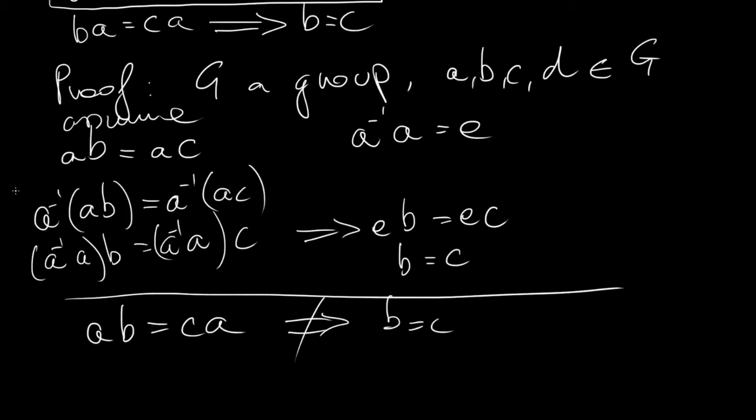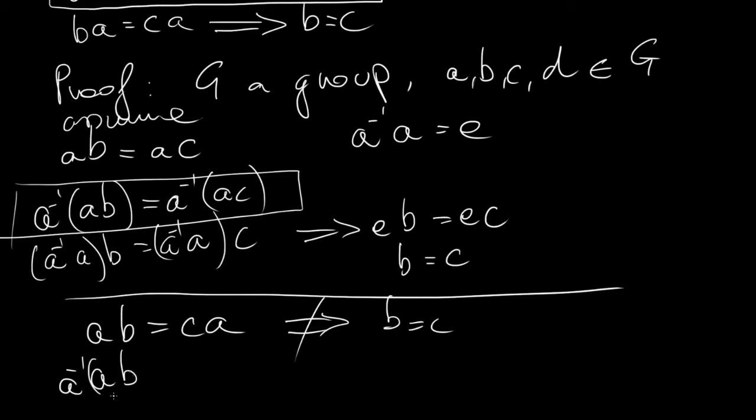If I had to do the same thing to this equation, I would do A inverse AB is equal to A inverse CA, and then this will become B equal to A inverse CA, and there's nothing else I can do over here, at least not by just shuffling things around.